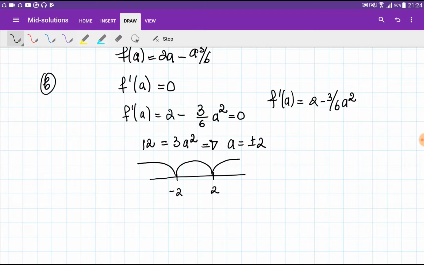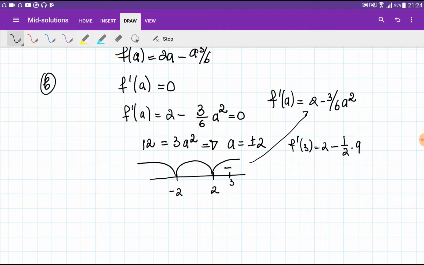In order to do this, let me just put in some number from this region, for example 3, and see what the sign is. So f prime of 3 is equal to 2 minus 3 over 6, multiplied by 9, basically 2 minus 4 and a half, which is minus 2.5.